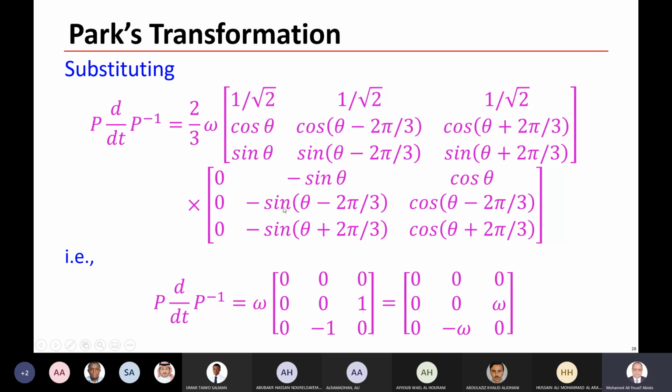So you end up with this, and when you multiply these two matrices, you end up with this matrix at the end.